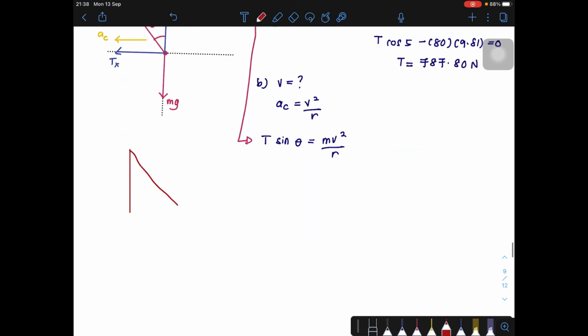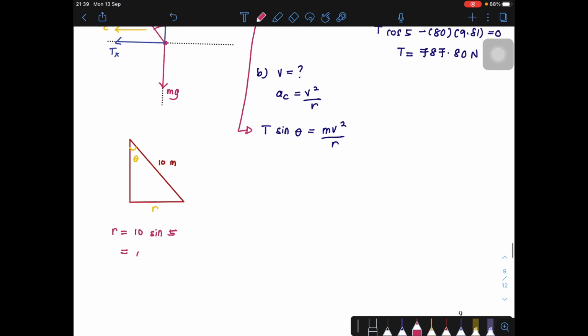So kita boleh gunakan trigonometry, okay, untuk dapatkan value radius. Di sini adalah radius dan kita ada angle dekat sini, which is 5 degree. So the value for r will be equal to 10 meter sin 5. This one theta is 5 degree. So kamu akan dapat 0.872 meter.